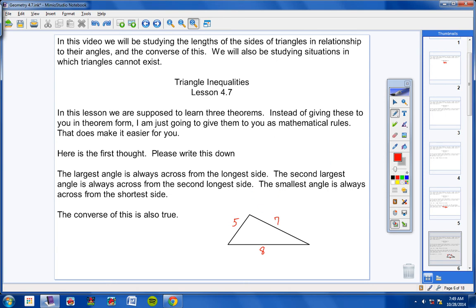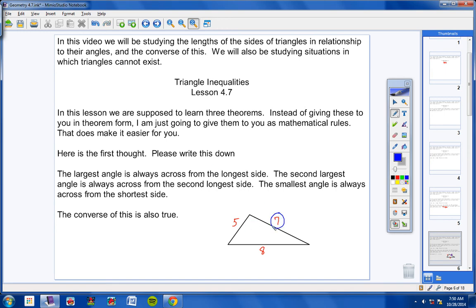Watch this carefully. Here's what this statement is saying. Find the longest side. Here it is. Now go straight across to the opposite angle. This is the biggest angle. I know that's the largest angle because it's directly across from the longest side. Isn't that easy? That's all this statement is saying. What is the next longest side? 7.